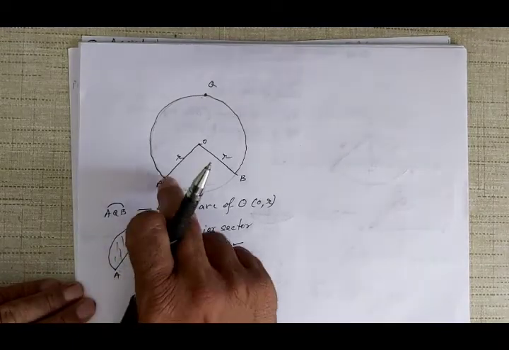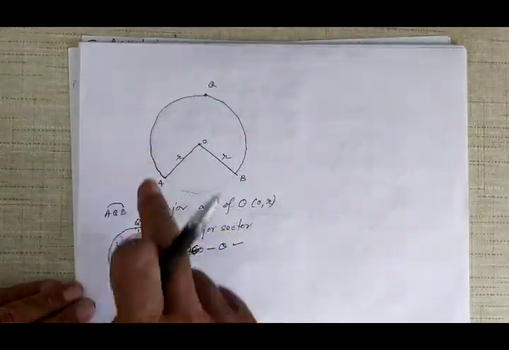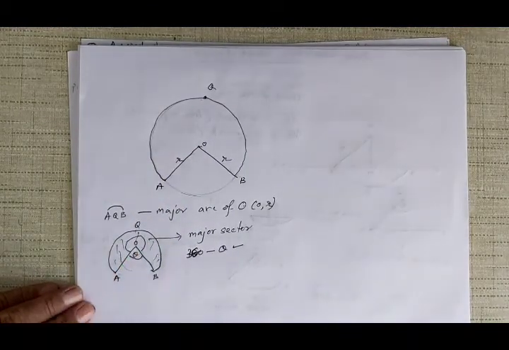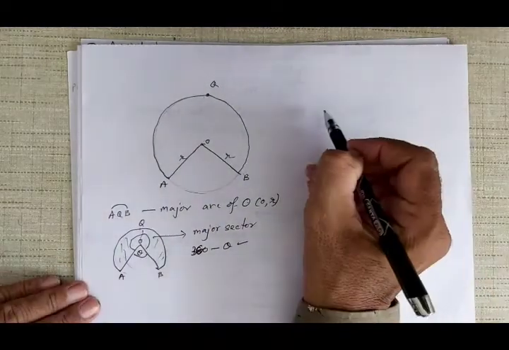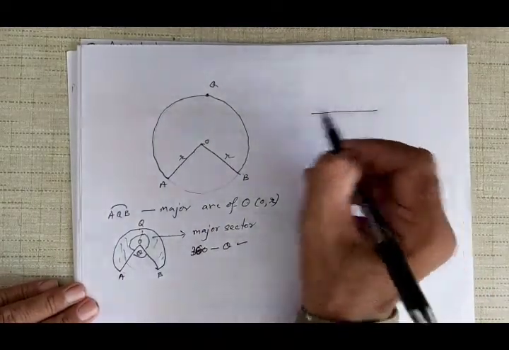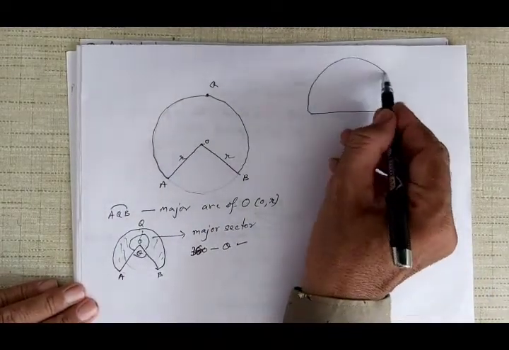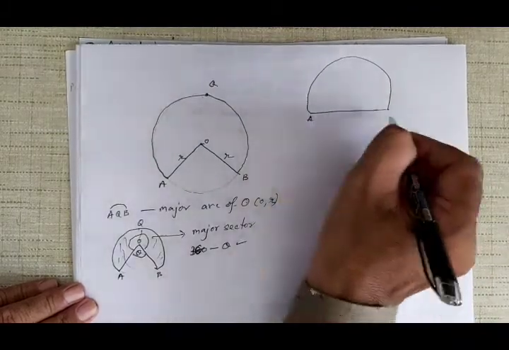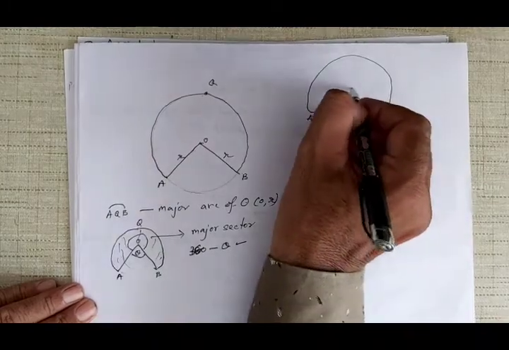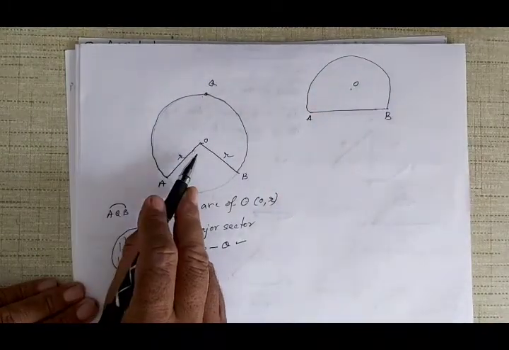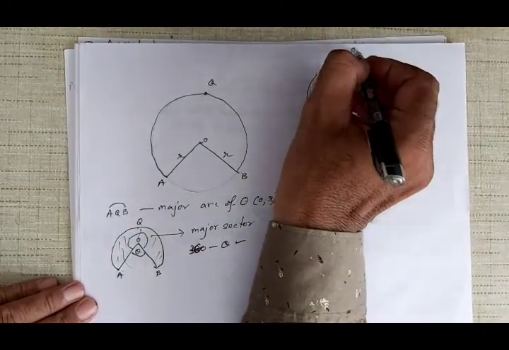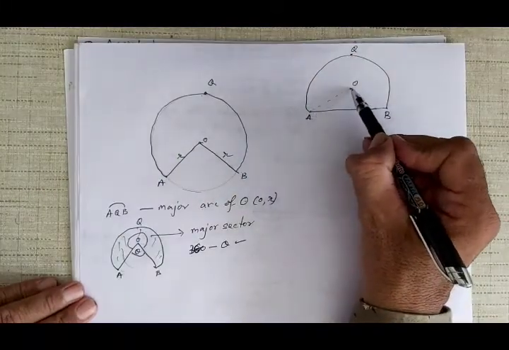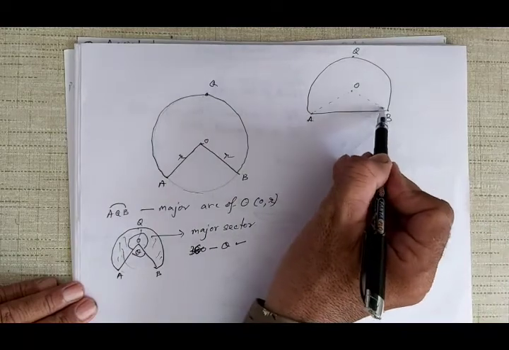So this part is the major arc, and this whole region is the major sector, and major segment. Now look at this part. Suppose this is the region. This is your AB, this is the center of the circle, and this is your point Q. The dotted line is the radii of the circle.